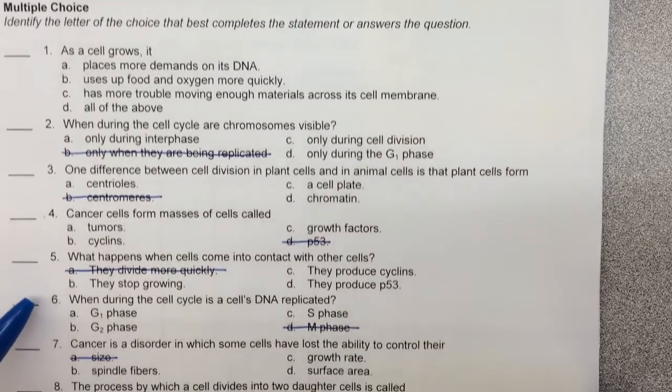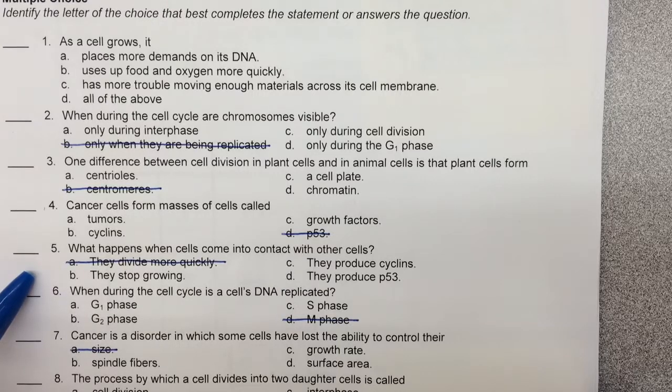Number 5, what happens when cells come into contact with other cells? B, they stop growing, C, they produce cyclins, or D, they produce P53.